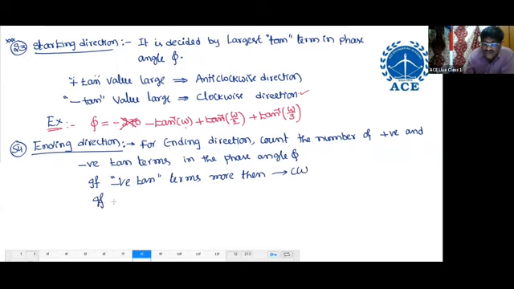If positive tan terms are more, then the direction is anti-clockwise. In case the number of positive and negative tan terms are the same, then construct the plot by using the starting direction.